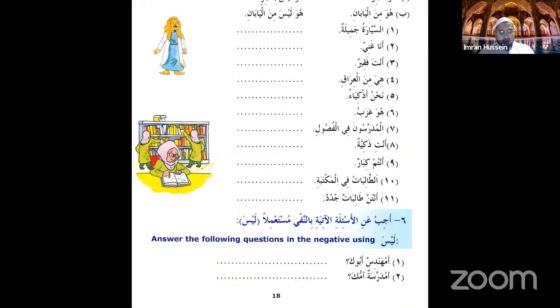So the kasra tanween is given to a noun when it should be in the mansub case with the sound feminine plurals. Okay, so we say antunna lastunna talibatin jududan. That's the answer to that question.